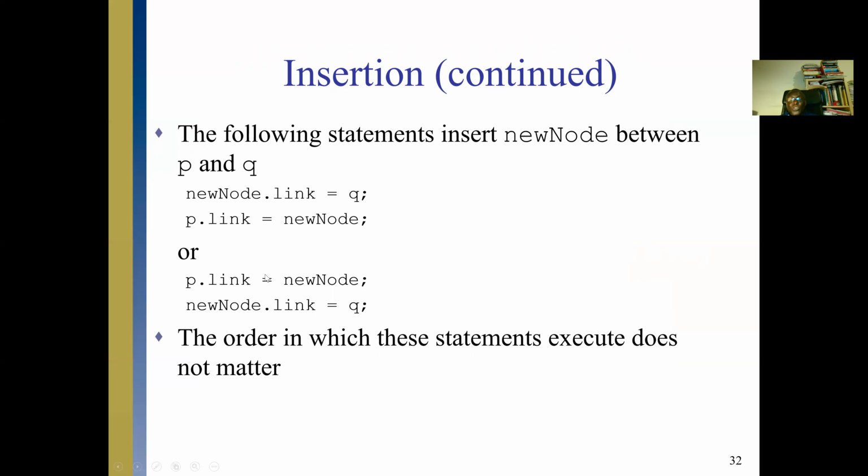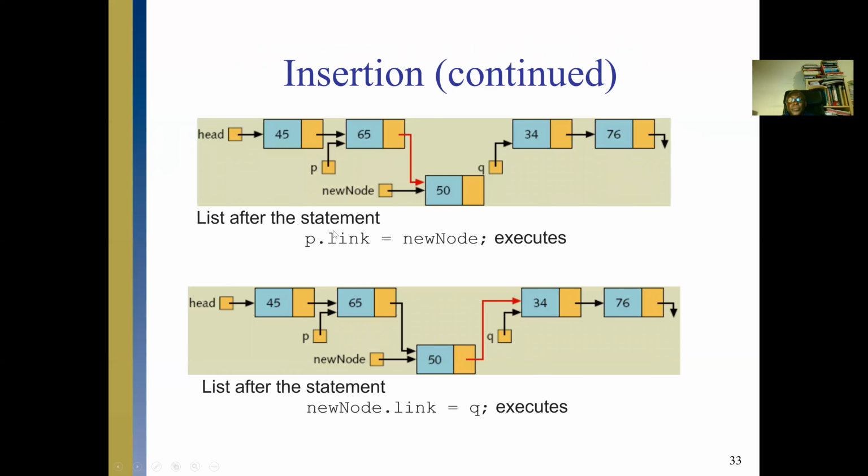Then we can also say new node.link assigned to Q. The order in which this execution happens, in this case, is not really important. So this is an example here. We can see we set the 65, instead of pointing to 35 it points at 50, and the 50 also points at 34.